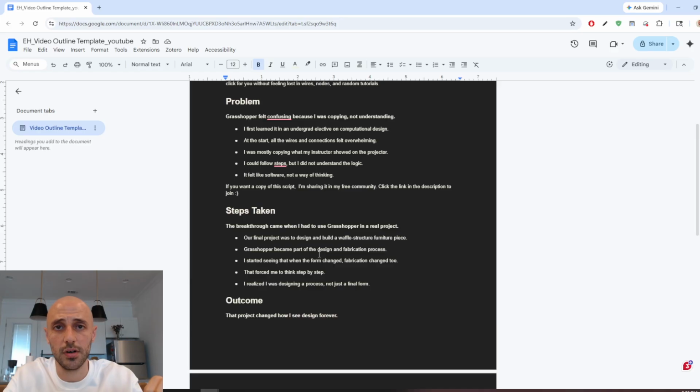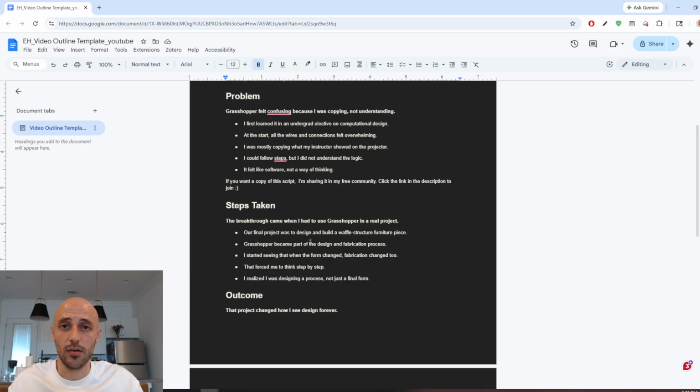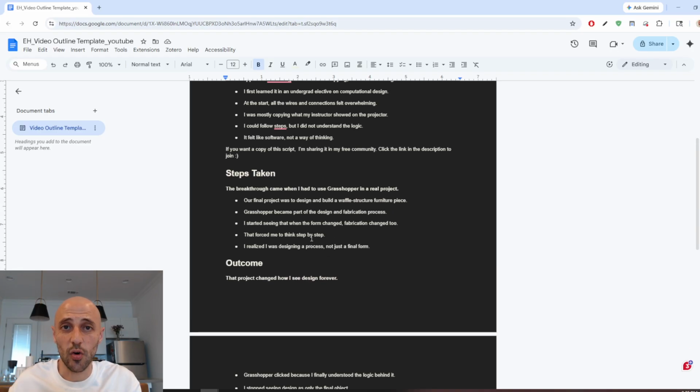But following this process, having a form, changing that form to something else, and seeing the constant feedback between the form and the process was an eye-opener for me as a designer. And that forced me to think step by step. That also made me realize design is all about process, not the form.